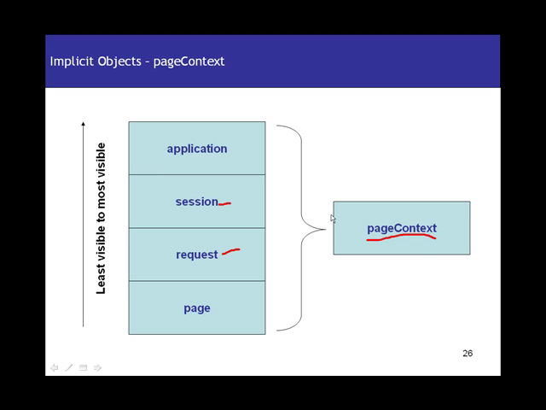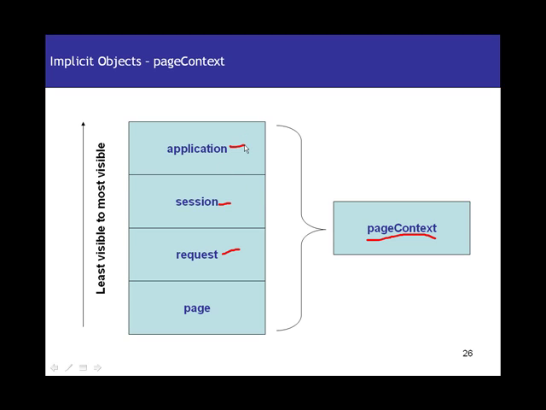When you use the page context, it tries to retrieve at the page level first. If it doesn't get it at page level, it's going to check at the request level. If it doesn't get it at request level, it's going to check at session level. And if it doesn't get it at session level as well, it's going to check at the application level.